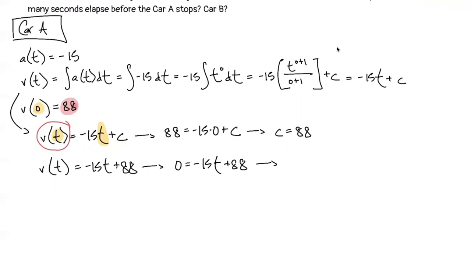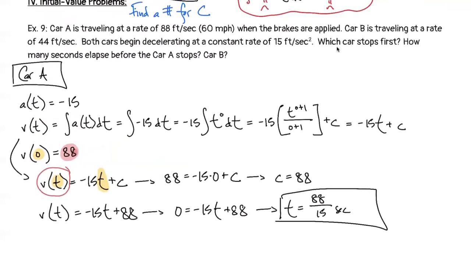If we solve for t, we will know the time at which the car stops moving. So this is for car A.